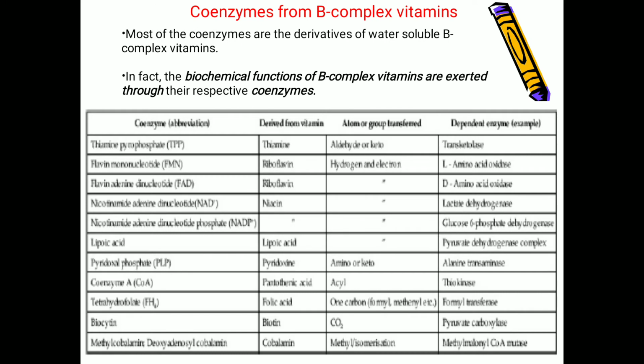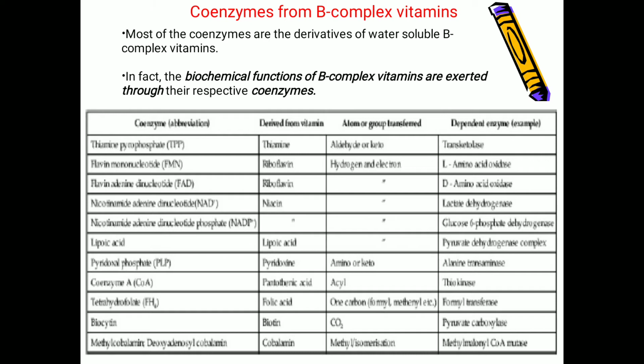And here are a few examples of coenzymes which are from the B complex vitamins. See, B complex vitamins like thiamine, riboflavin, niacin, all these B complex vitamins act as coenzymes in their forms. In fact, the biochemical functions of the B complex vitamins are exerted through their respective coenzymes.